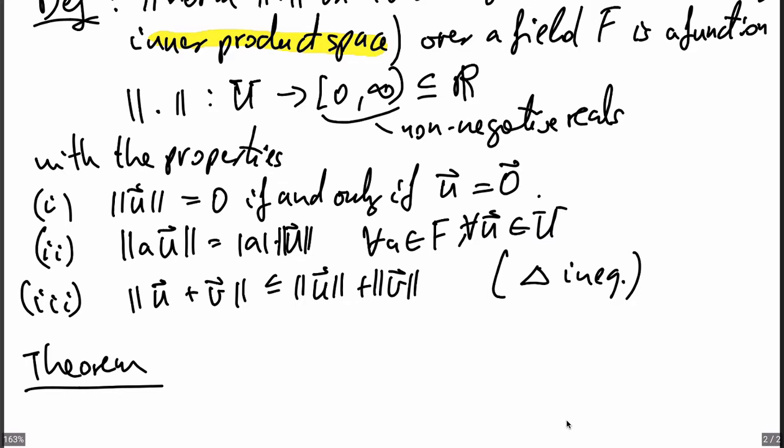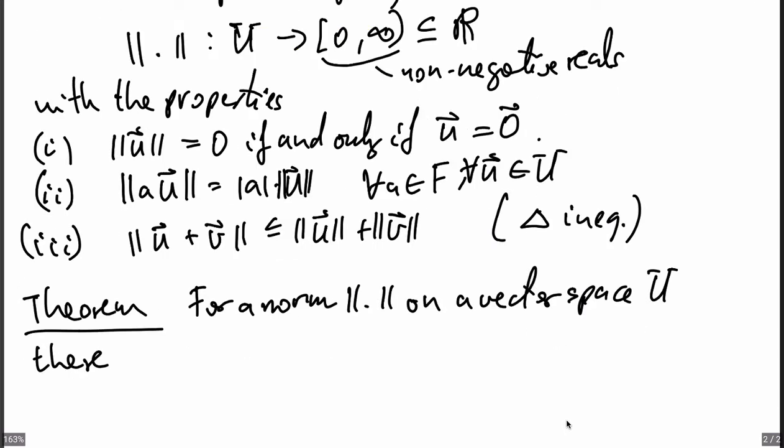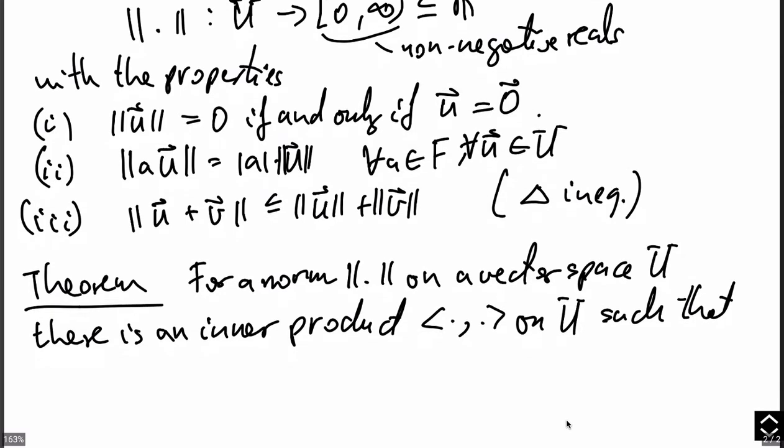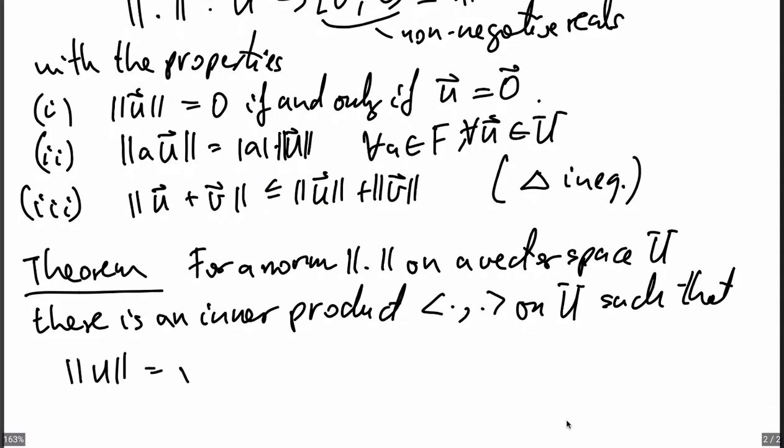So the theorem says that for a norm on a vector space U, there is an inner product, denoted by this bracket notation, on U, such that the norm of u is the square root of the inner product of u with u.